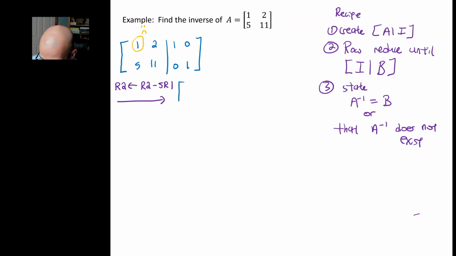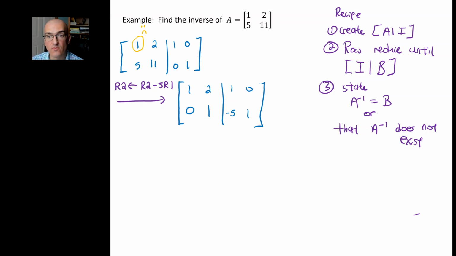So what we will get is row 1 stays the same. Row 2, 5 minus 5 times 1 is 0. 11 minus 5 times 2, so 11 minus 10 is 1. And I have to do the same thing on the right-hand side. 0 minus 5 times 1 is minus 5. 1 minus 5 times 0 is 1.